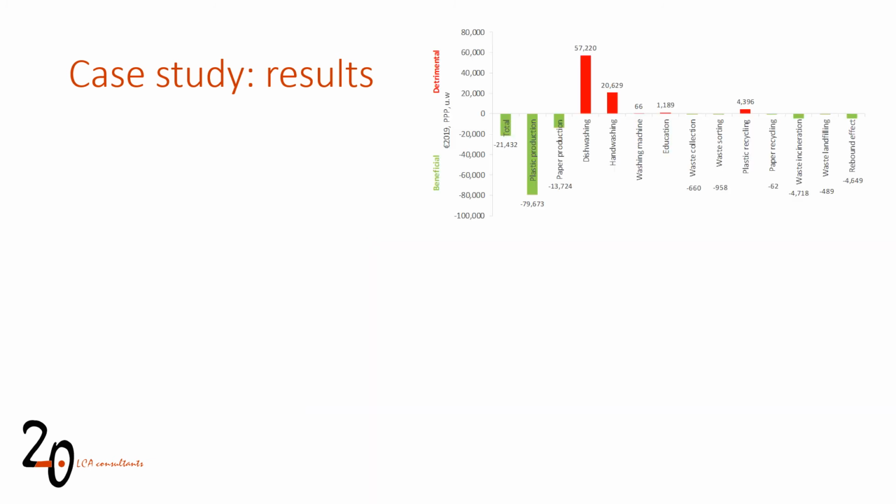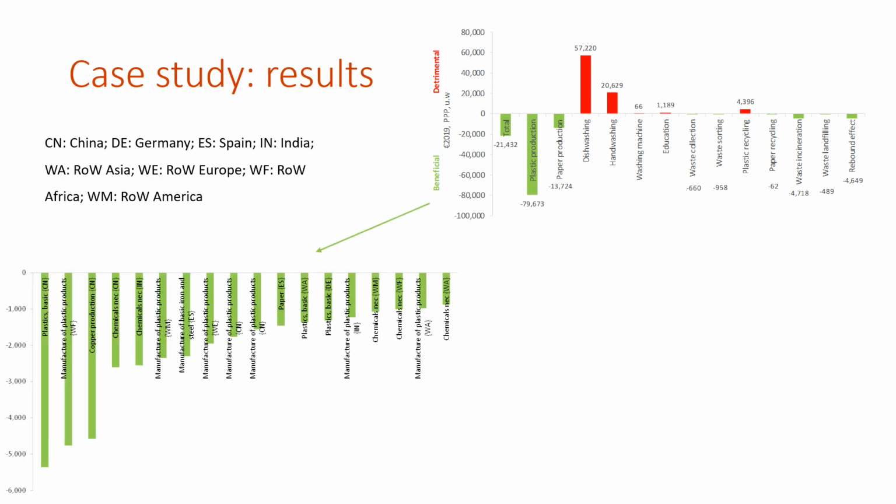Then what we can do with Exiobase is to conduct a deeper contribution analysis in order to understand which activities and in which places of the world these social impacts are taking place. So if we look at the avoided activities that are giving us a social benefit, we see that they are mainly taking place in China and India, such as plastics production and chemicals production.